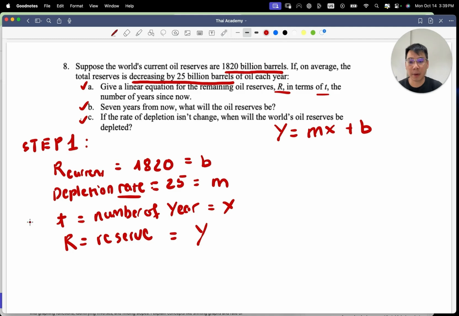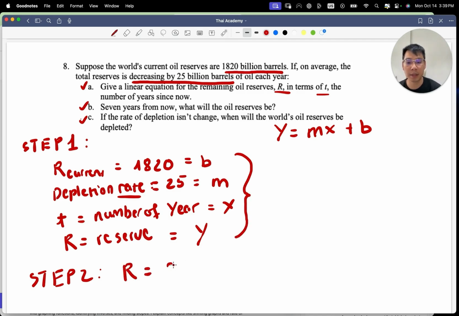Now, step number 2, the equations that you're going to bring in. R is equal to m, which is 25, and then x is the t, right? 25t. Hold on, it starts with the 25 as the depletion.